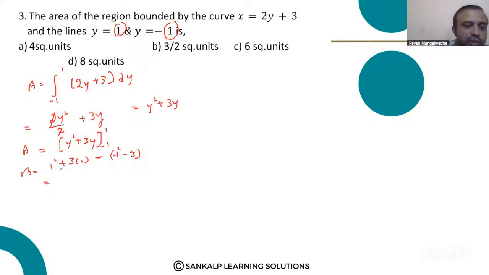On solving this, 1 square is 1, 1 plus 3 is 4, minus minus 2. So 4 minus of minus 2 is plus 2, it is 6. Option C is the correct answer. So we'll go to the next question.